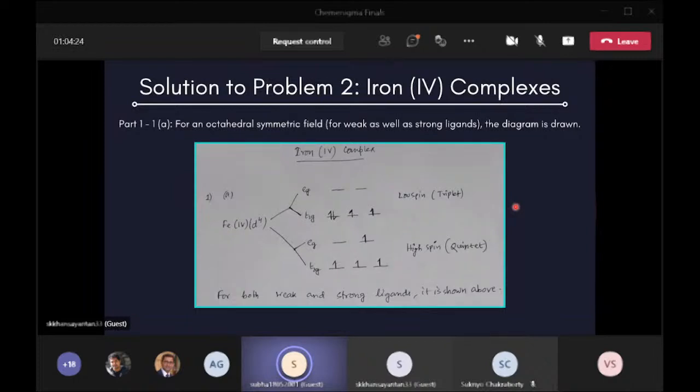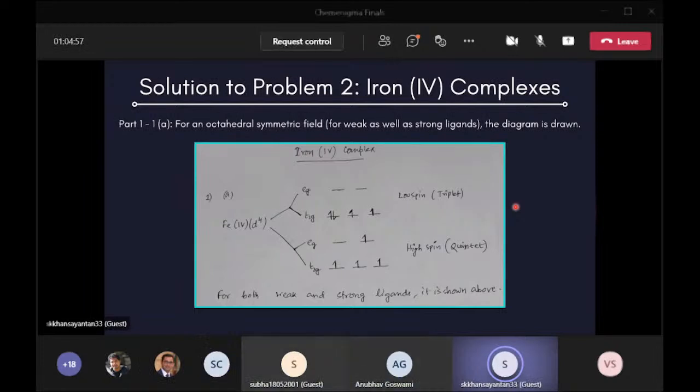And for the strong ligand, the excitation of the electron takes place to the EG level, and as a result we get the high spin. So are you sure that for weak field ligand you get low spin and for strong field ligand you get high spin? It depends, no, for this D4 only. For D4 only. You're sure that for weak field you get low spin and for strong field you get high spin?